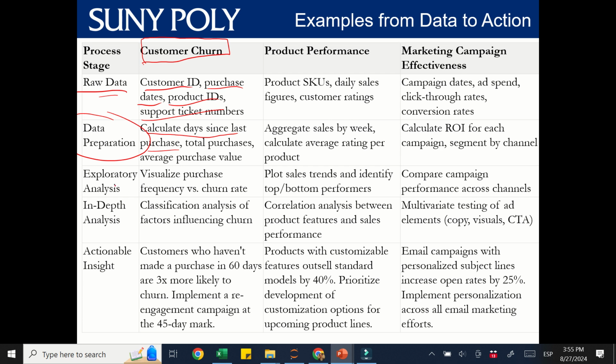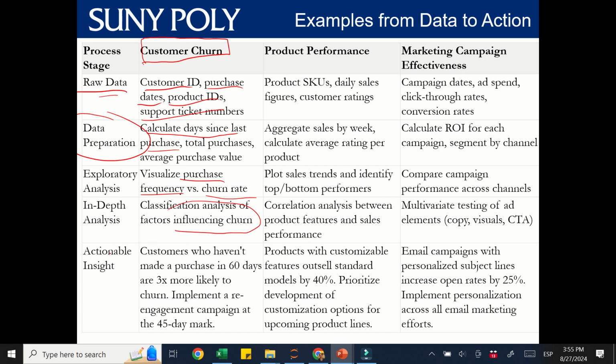Then in the EDA, in the exploratory data analysis, they visualize the purchase frequency versus the churn rate. So we expect that as the frequency increases, the churn rate is going to decrease. That's what you expect, right? Then with an in-depth analysis, here they use a classification model to analyze what are the critical variables influencing churn.